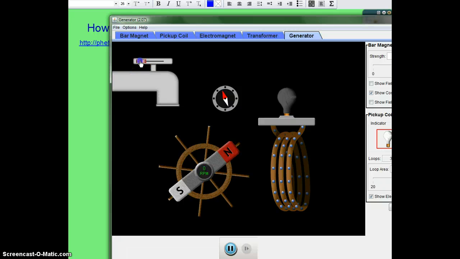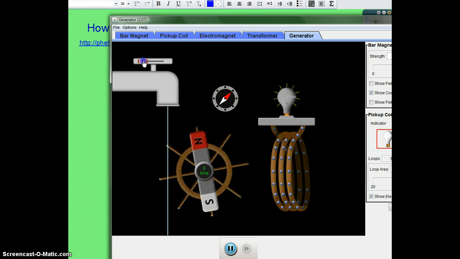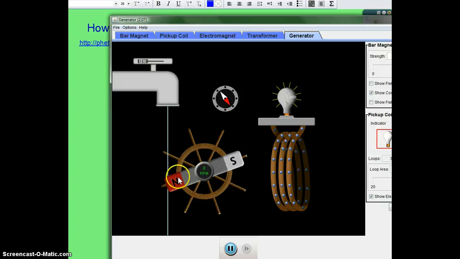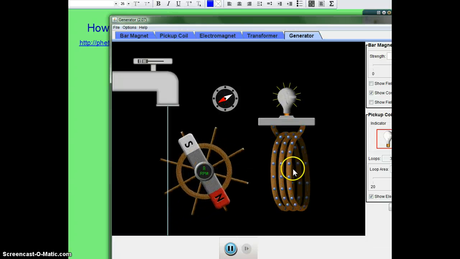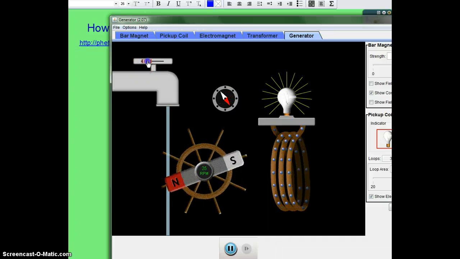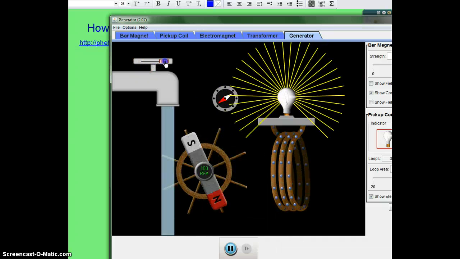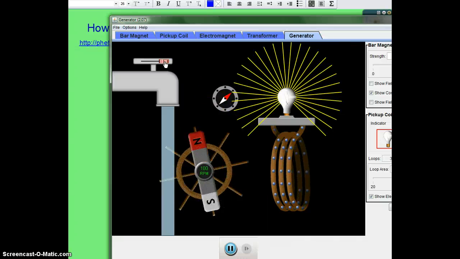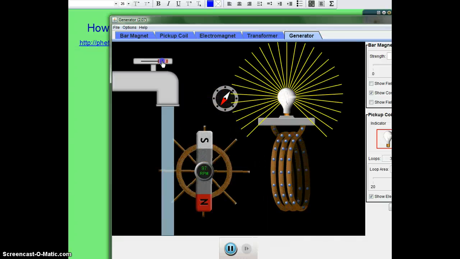So if I turn on this faucet with a trickle of water, it makes the magnet spin, which generates a flow of electrons in the circuit. Make it spin faster, and of course we get more and more energy. So that's how your basic generator works.